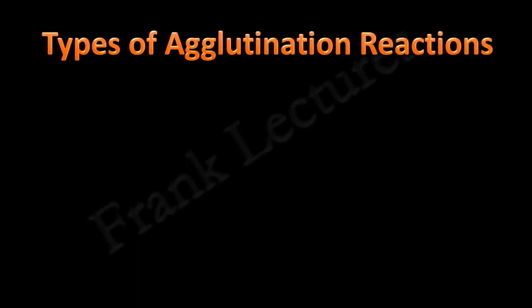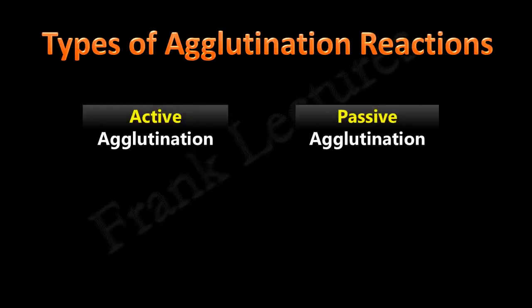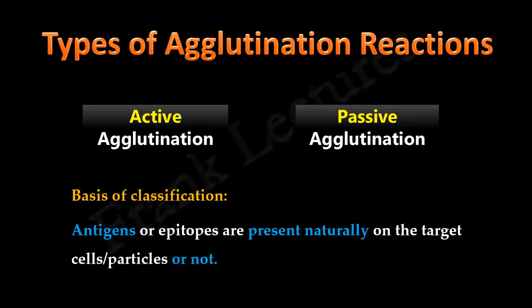Agglutination reactions are of two types: active agglutination and passive agglutination. This classification is based on whether the antigenic determinants or epitopes to which antibodies will bind are present naturally on the target cells or not. Let's get into the details. Active agglutination.